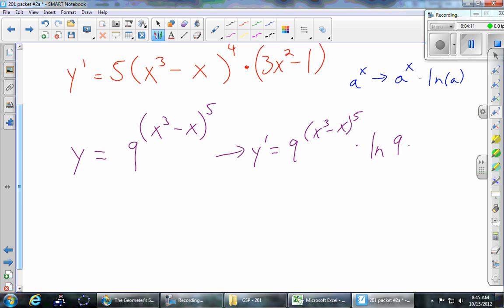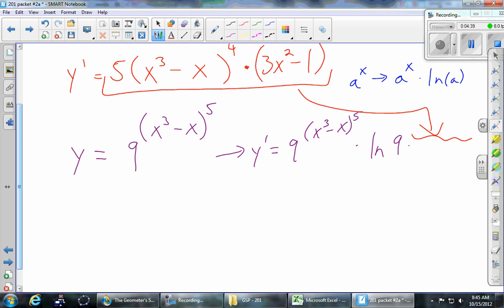Times, and now in English, what does the chain rule say? Derivative of the stuff. But the good news is the derivative of the stuff is something we've already done. That was the whole first problem that you guys did. So again, I'll be lazy, but all of this goes right in there: the derivative of x cubed minus x to the 5th. It's a whole chain rule that you did up above.